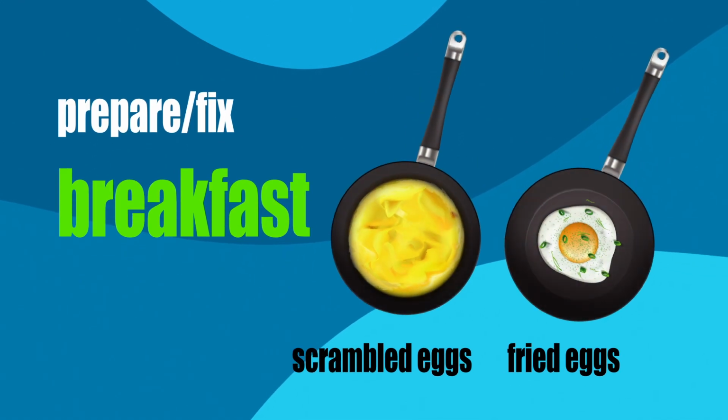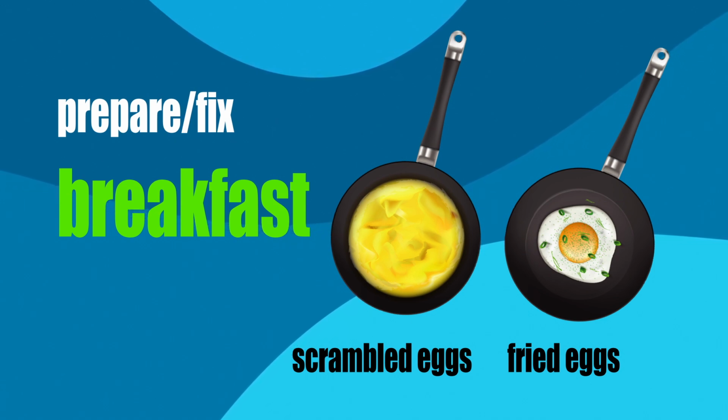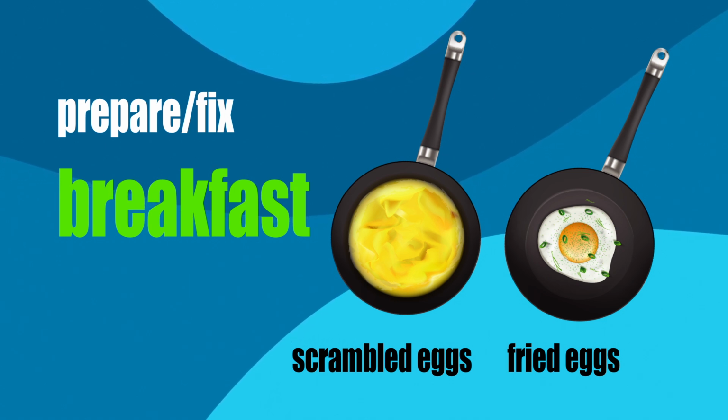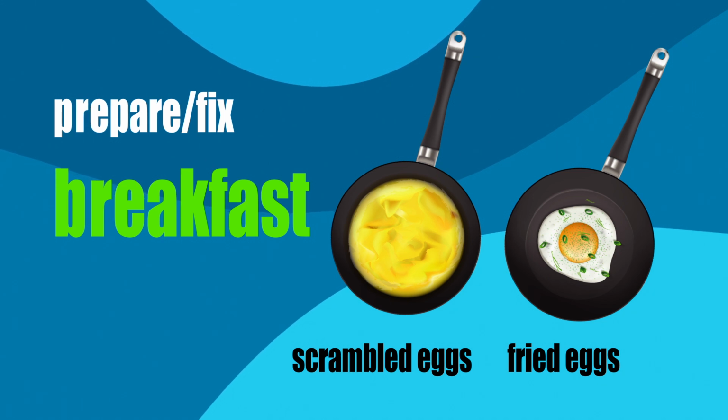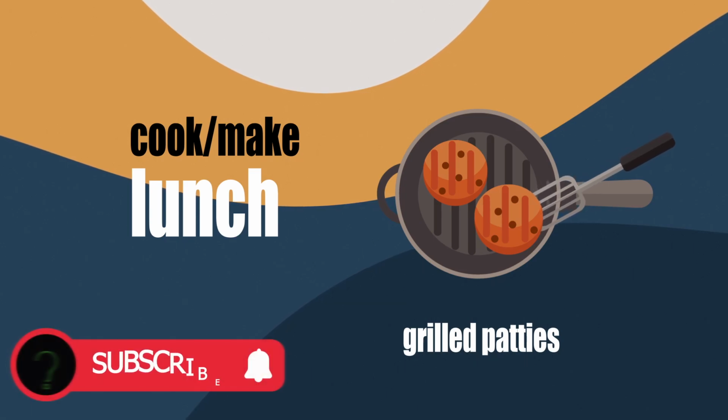Now, what do we do with all of these? We can prepare or fix some breakfast. For example, fried eggs or scrambled eggs. Or we can cook or make lunch.